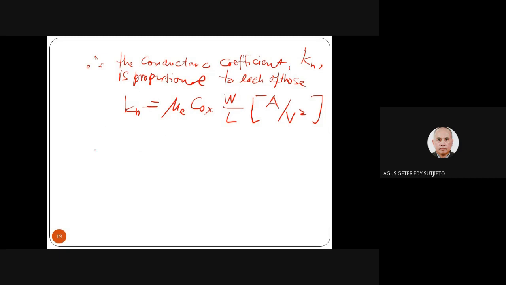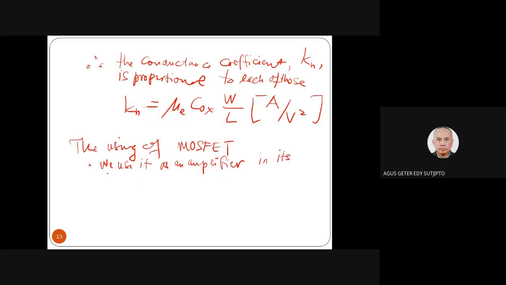So then we can have the application of the usage of MOSFET. We use the MOSFET as an amplifier in its saturation mode.